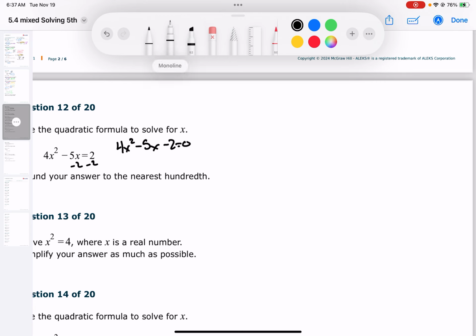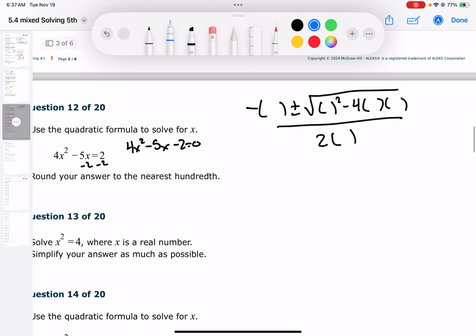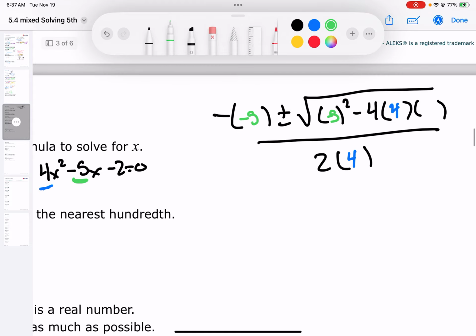That's why we're using the quadratic formula. So I got negative b plus minus square root b squared minus 4ac all divided by 2 times a. So my a value is 4. My b value is negative 5. And then my c value is negative 2.